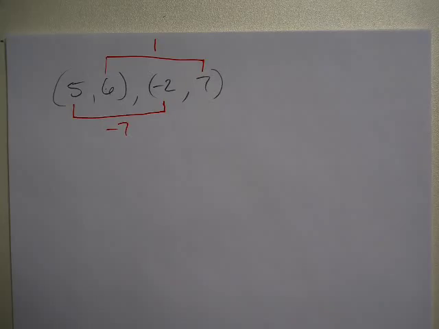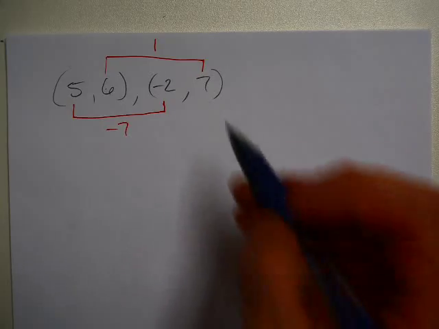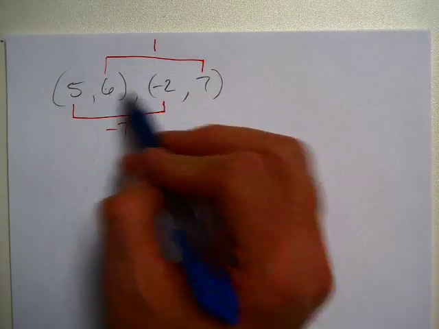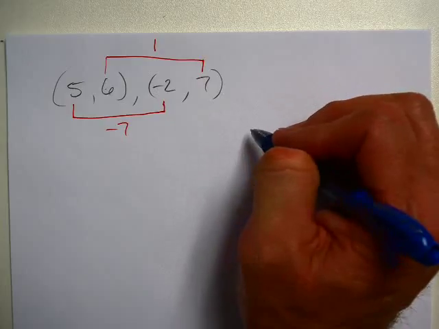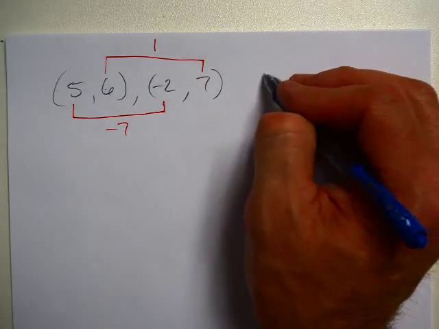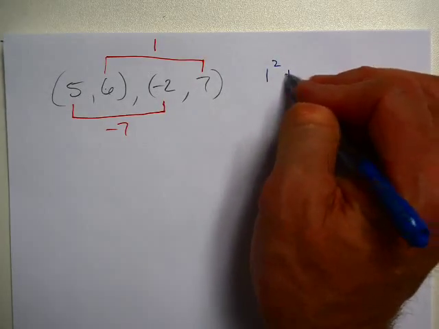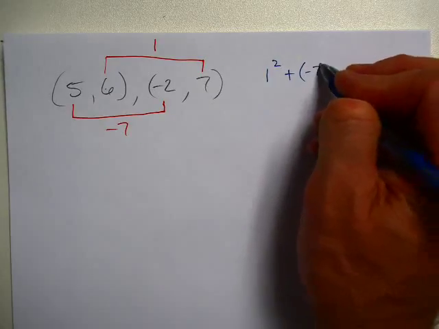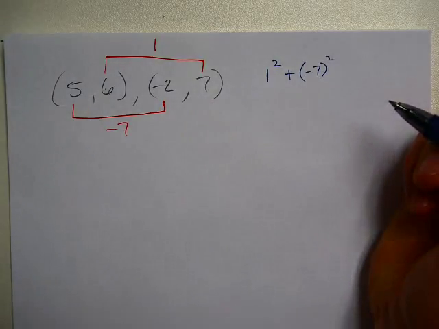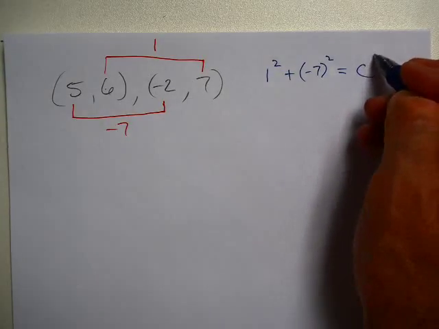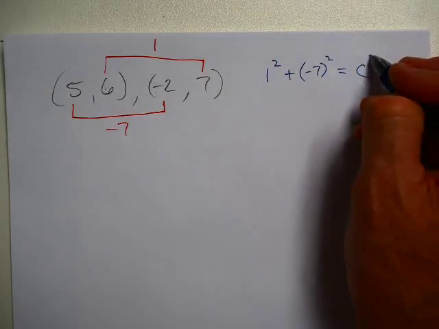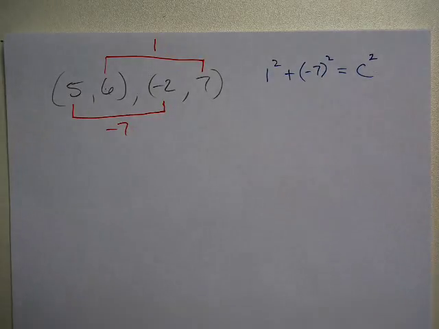It's going to become a positive. So now here's what I do. I take the 1 that I got from the y's. So the slope would be 1 over negative 7. But I take the 1 and I square it. And I take the negative 7 and I square it. And that is going to equal the length of the third side of the triangle, the long leg.